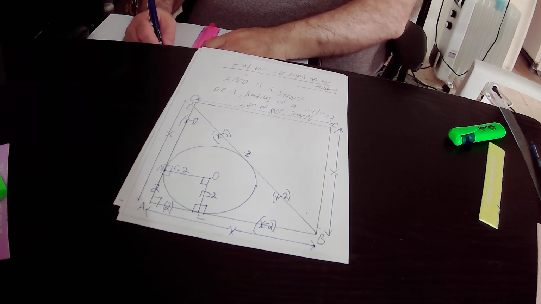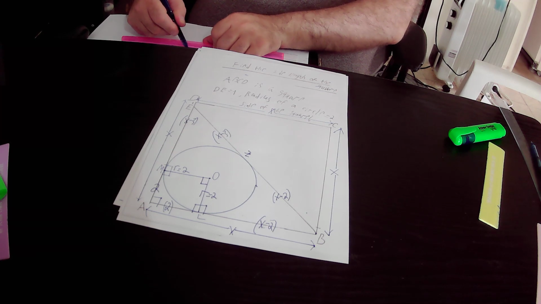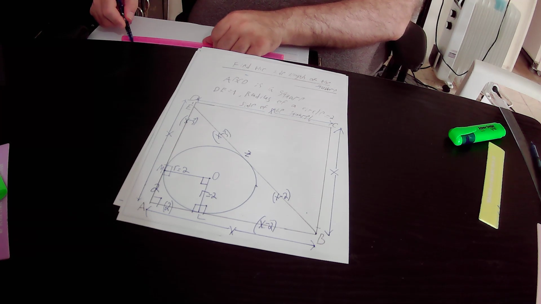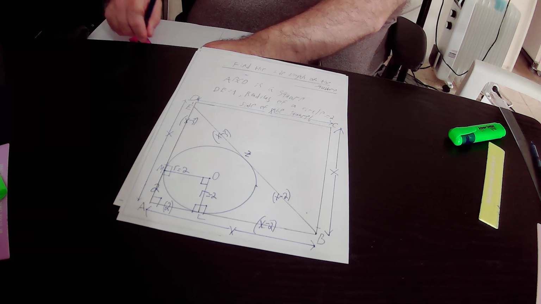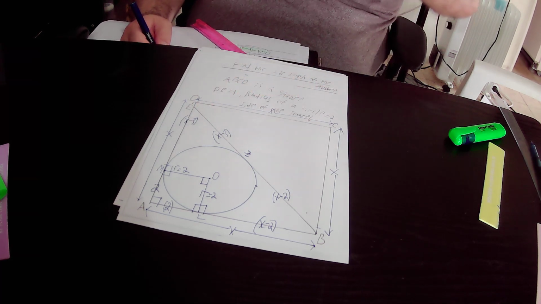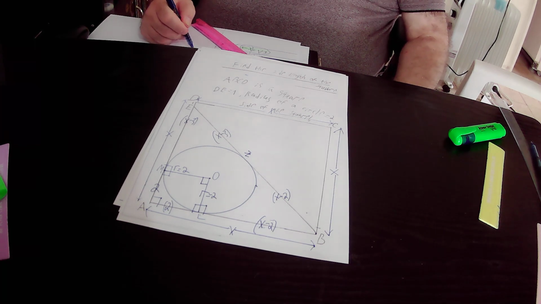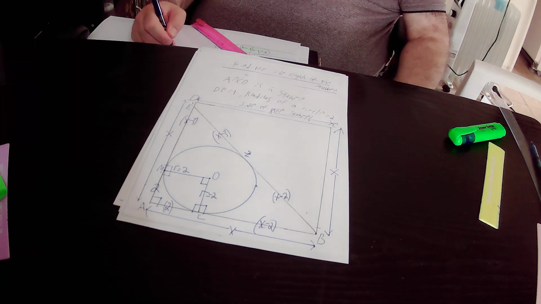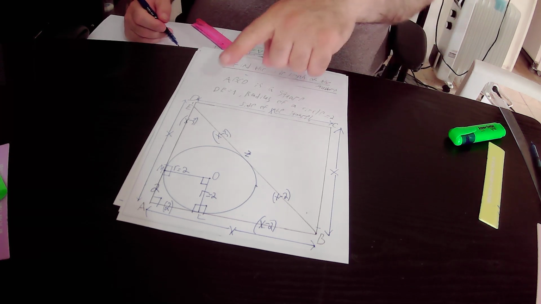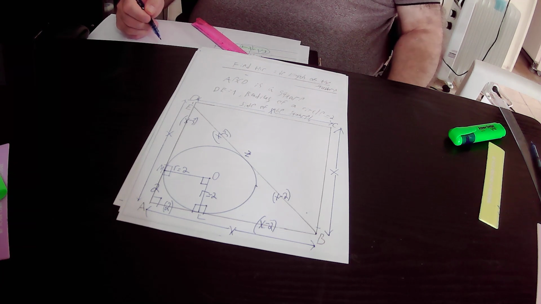Okay? We just found out that EA equals x minus 1. AB equals x according to our definition.